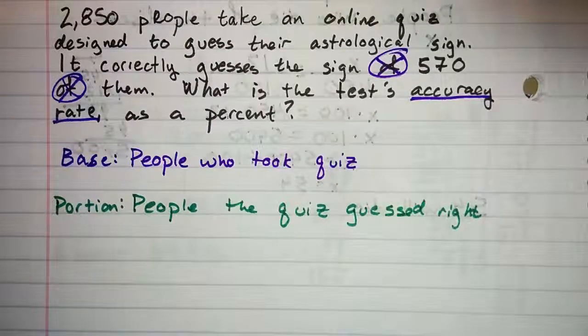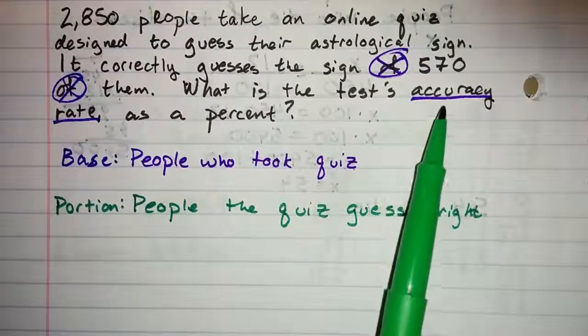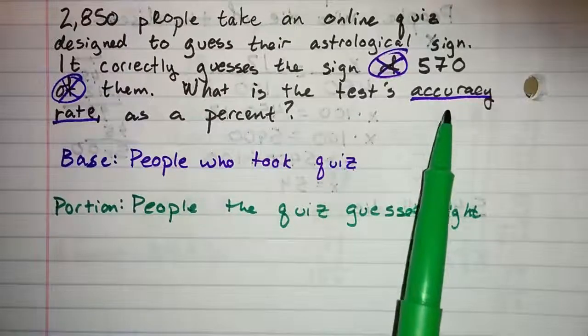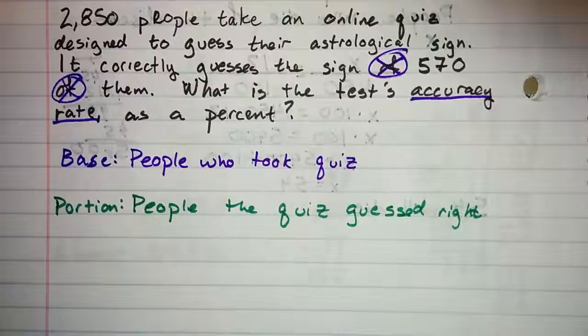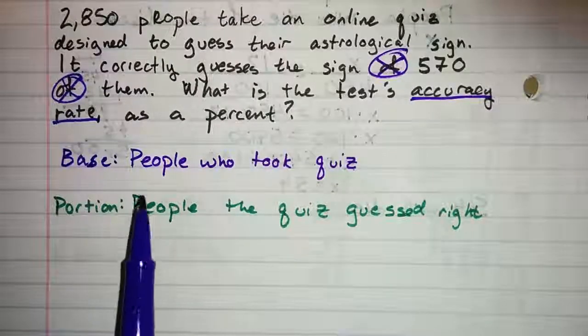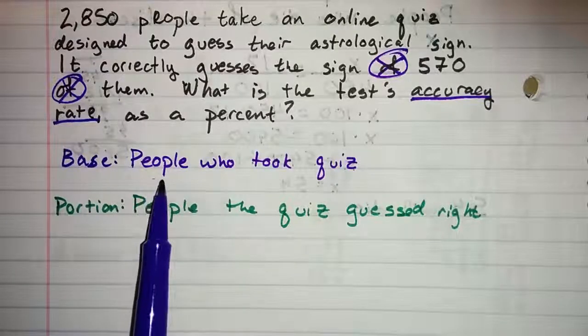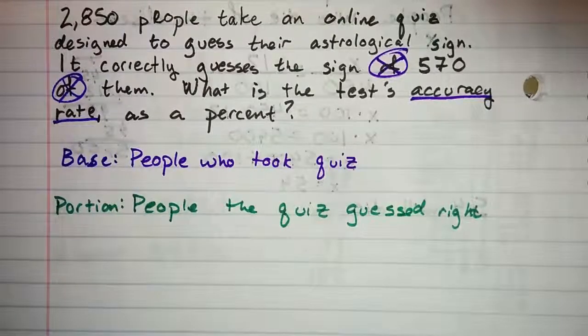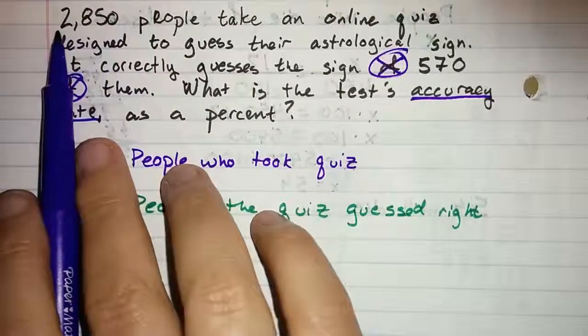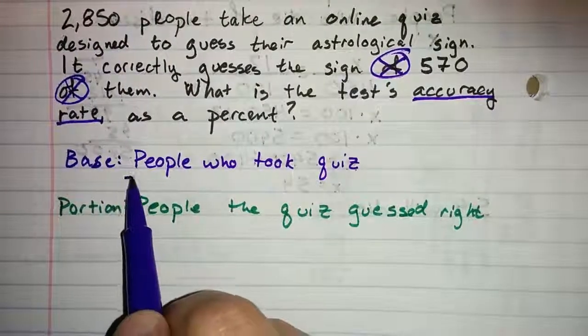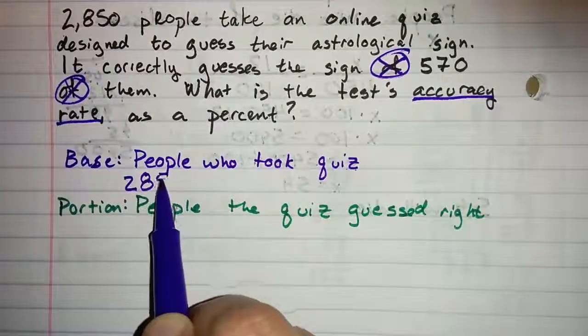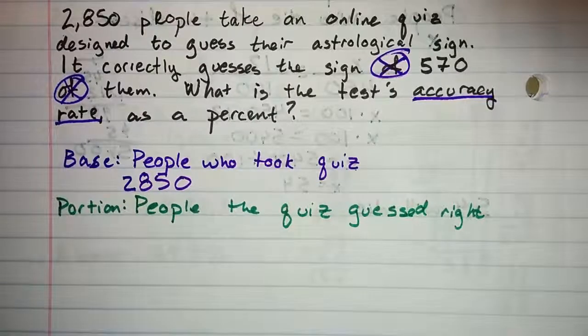That makes sense, right? The quiz's goal is to guess your sign. It's accurate if it guesses the right sign. So the base is the people who took the quiz. Do we know how many took the quiz? Well, yeah. 2,850 took the quiz. And the portion is the number that the quiz guessed right.